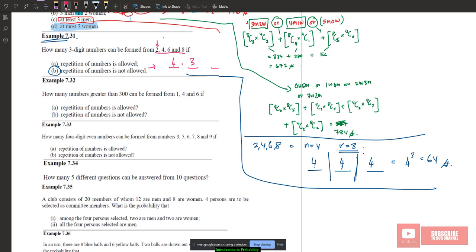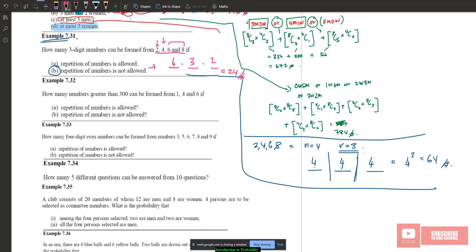Say you choose number 4 for the second place; the third place only has 2 choices. So 4 multiplied by 3 multiplied by 2 is equal to 24. So basically you have 24 possible outcomes to choose a 3-digit number from 4 digits when repetition is not allowed.